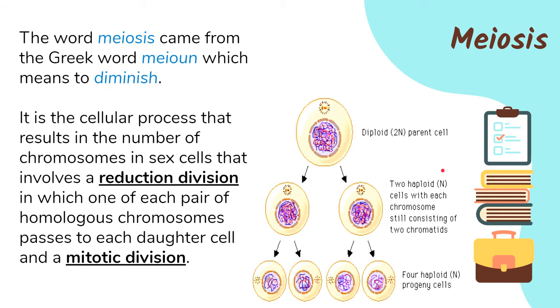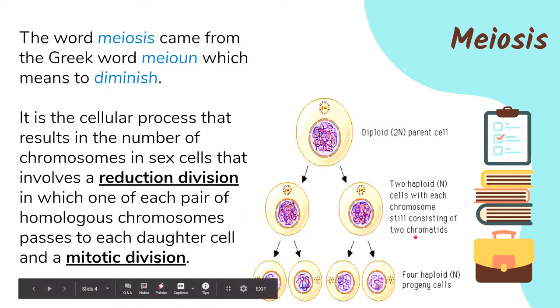The first cell division is actually the reduction division, in which the chromosome number is reduced by half, okay? While the following cell division is just regular mitosis. However, instead of producing just two daughter cells, the products are four daughter cells. And instead of producing diploid daughter cells, the products are four haploid cells.